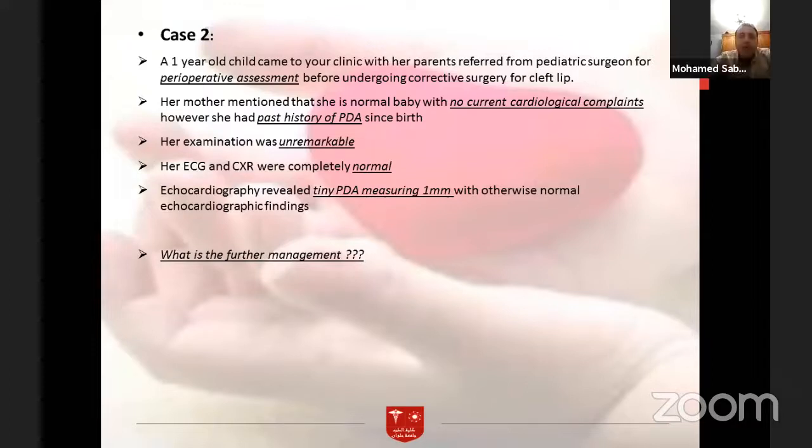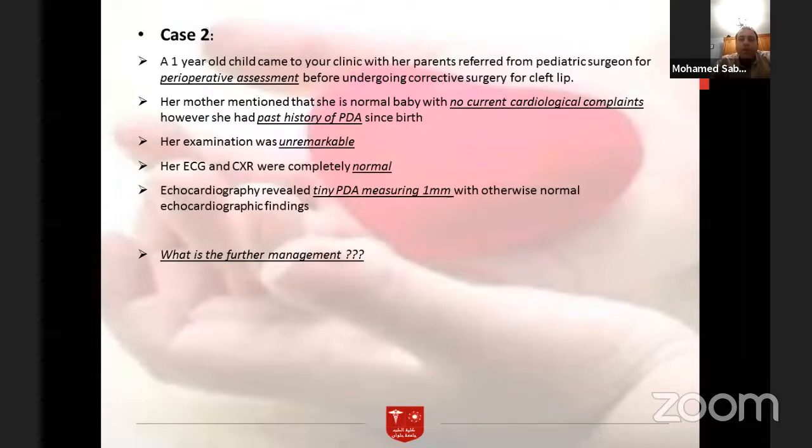Thank you, Dr. Khalid. So we are facing a 1-year-old child with a tiny inaudible PDA. This PDA is clearly hemodynamically non-significant because the child is asymptomatic, her examination is unremarkable, her ECG and chest X-ray are completely normal, and the echo showed a tiny 1 millimeter PDA. In such cases, we manage PDA by just following it up and giving prophylaxis against infective endocarditis before any surgery.